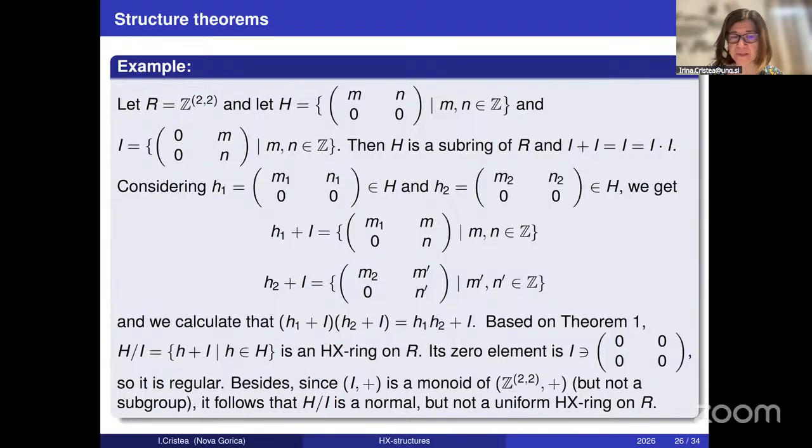Based on the previous theorem, the new set is an HX ring. The 0 element is the one contained in I, so it is a regular HX set.